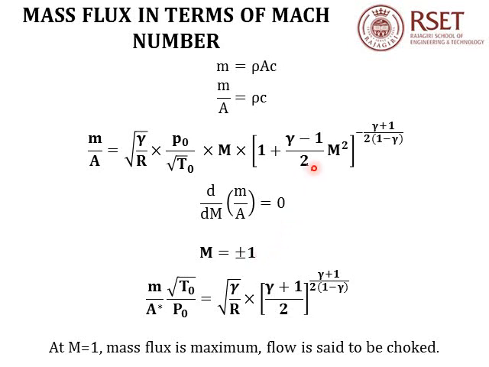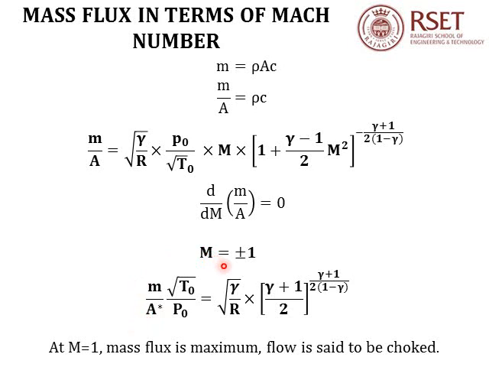If we substitute M equal to 1 in this equation, then the equation reduces to the following form. Note that when M has been substituted as 1, the cross-section area A is replaced by A star. That is, M becomes equal to 1 at the sonic condition, so the area corresponding to the sonic condition is represented as A star.